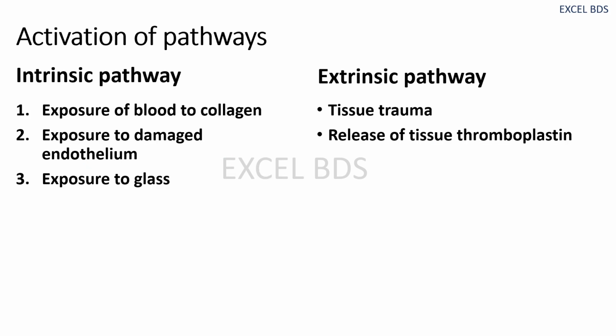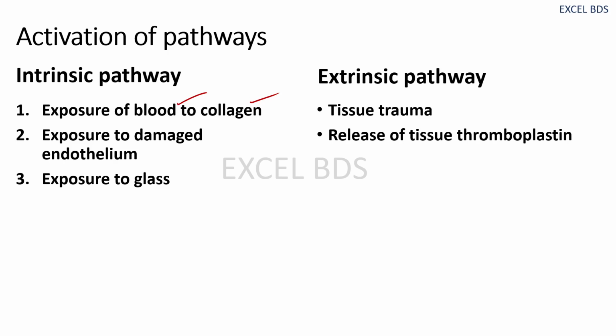Next, let's understand what activates the intrinsic pathway and the extrinsic pathway. As I have told you, there are two pathways, intrinsic and extrinsic. The intrinsic pathway gets activated whenever there is exposure of blood to collagen. When blood is flowing in the blood vessels, it is not exposed to collagen.